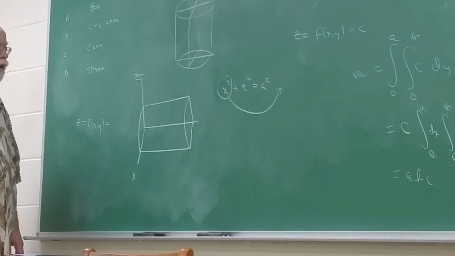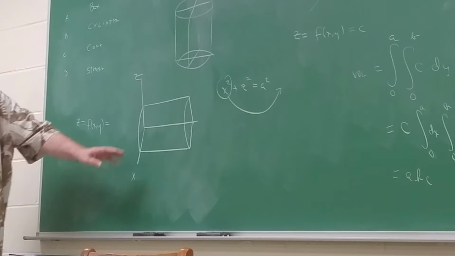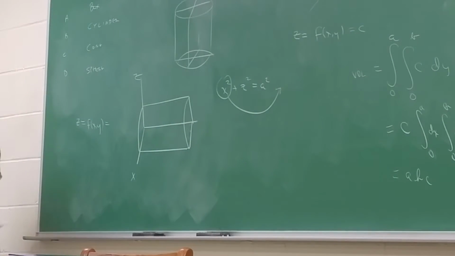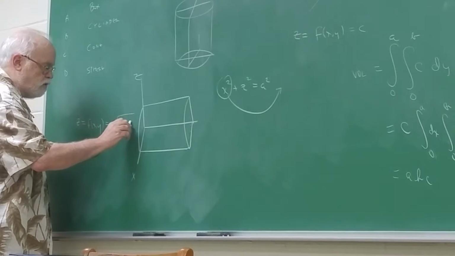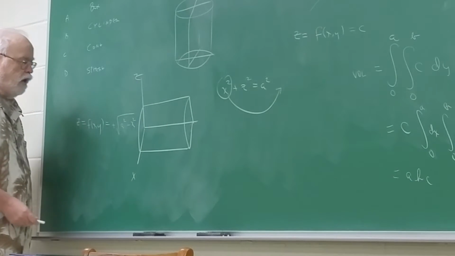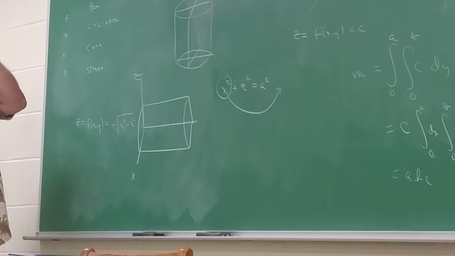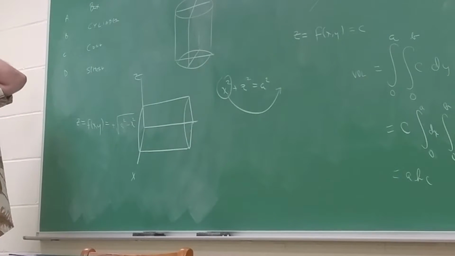So I'll get plus or minus the square root, but I'm only going to do the top part. So I'm going to get plus the square root of a squared minus x squared. And that's the quarter cylinder, so I'll multiply the volume by 4.